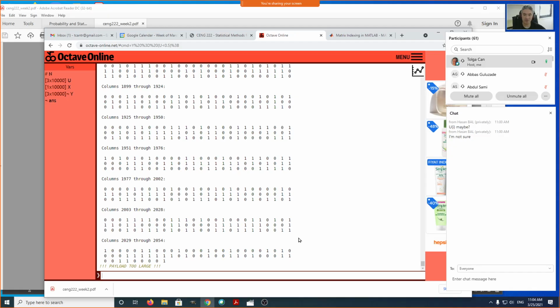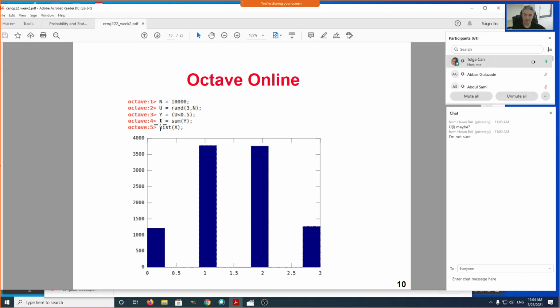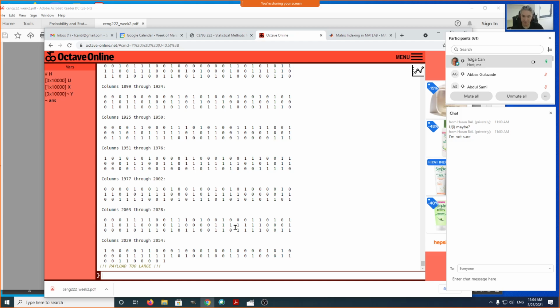There are 10,000 of these. Then simply writing x is equal to sum(y) sums all these columns. Basically, this becomes a random variable. And in MATLAB, there's this histogram function.